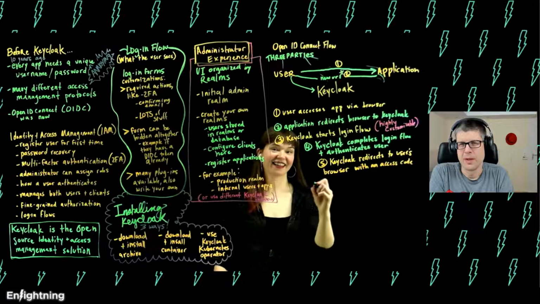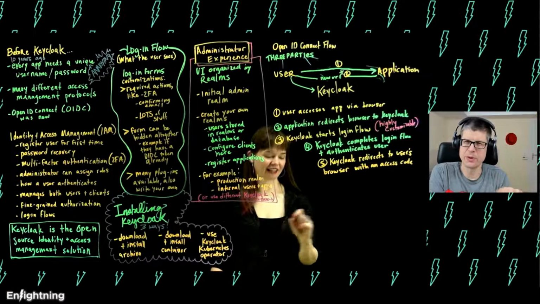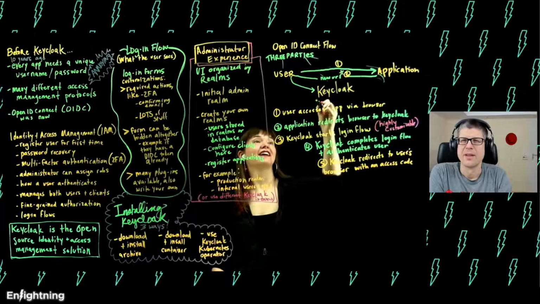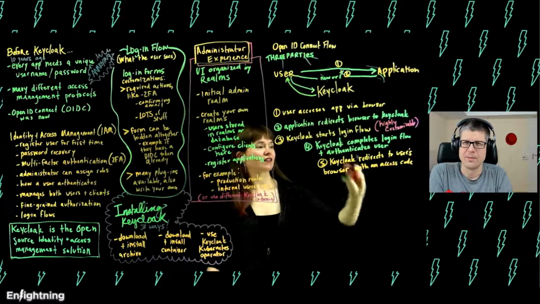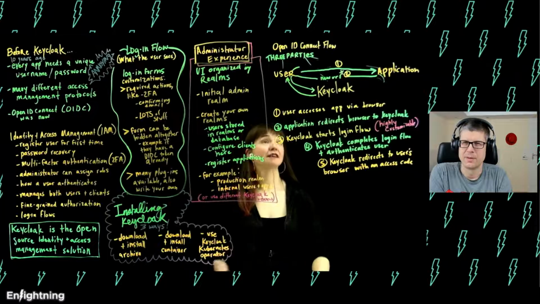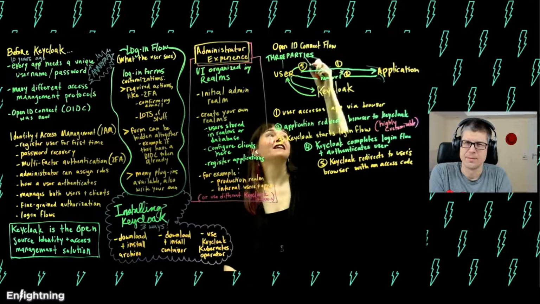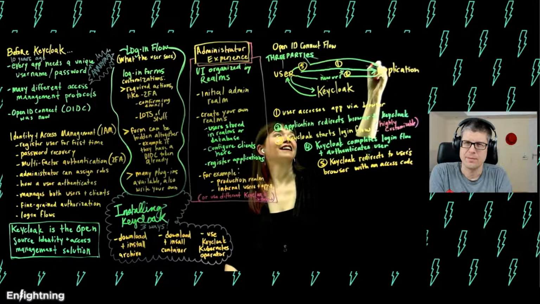So this is again going from Keycloak to the user, and from the user to the application. So this is Keycloak to user, redirect, and user to application. Yeah. And this is step 5. Yeah, that's right.